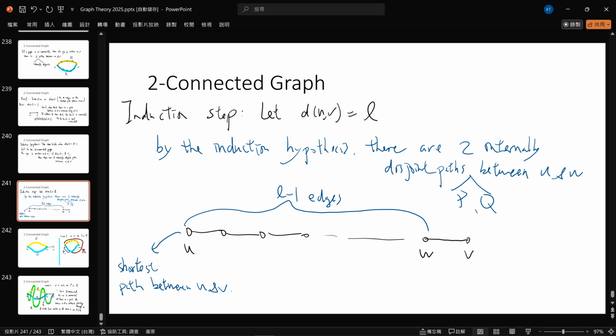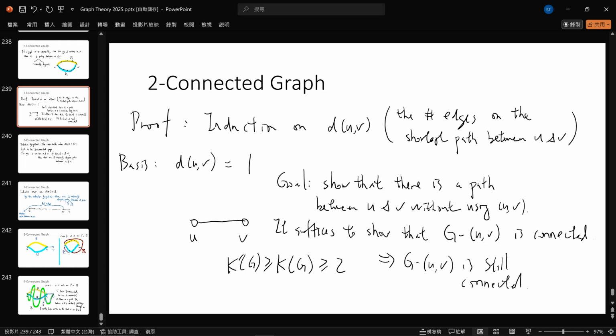So you first consider the vertex pair that is one edge apart, and then we can use this proof to find two internally disjoint paths.